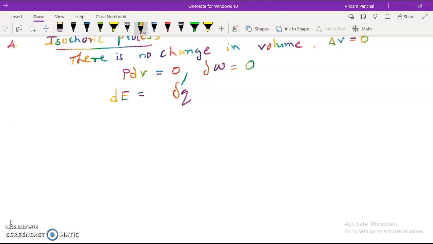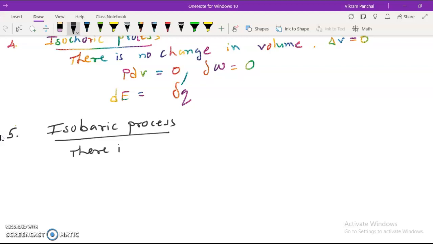Next one is the isobaric process. In an isobaric process, there is no change in pressure.